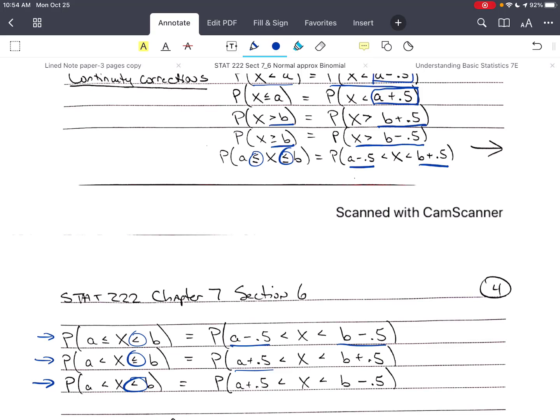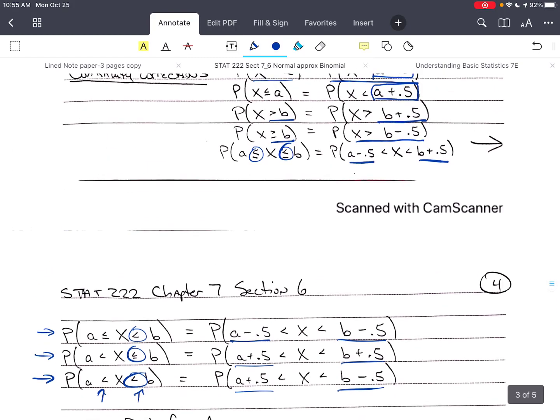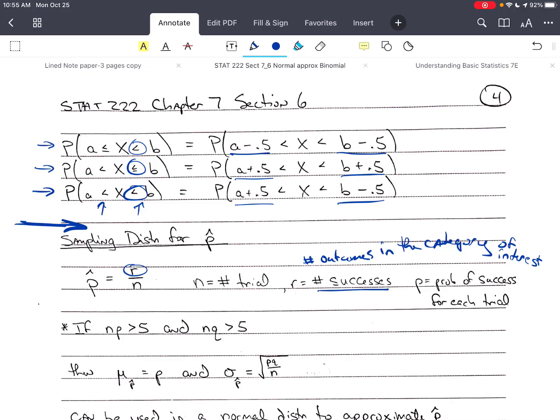Okay? So these directions are controlled by which sign we have in these places. All right. Now, so those are the continuity corrections. I hope that you will write these all down on your formula sheet so that you can easily get to them. We'll pick up here for the next video.